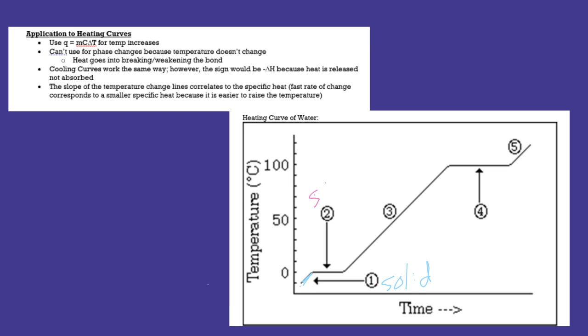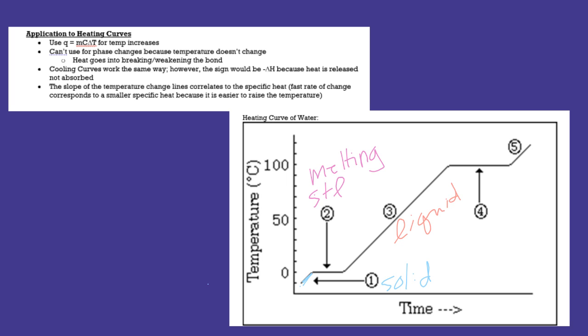So you would have both a solid and a liquid, and you would have a phase change. So this would be melting, and this is where your IMFs are weakening, not breaking. At part three, you would have only a liquid, and the temperature is increasing as you add heat because it's going into increasing the kinetic energy of the molecules.